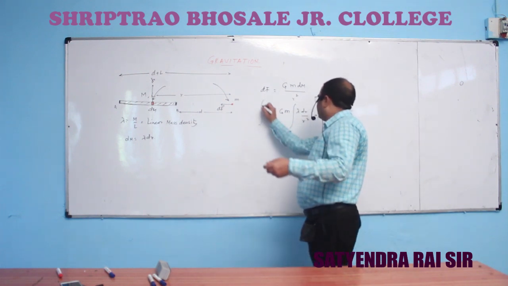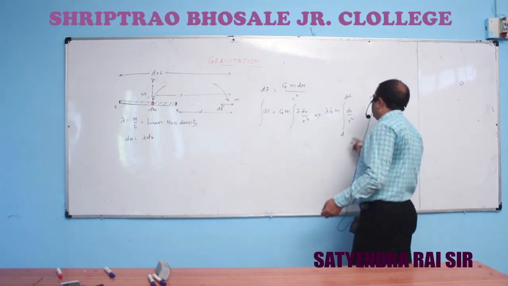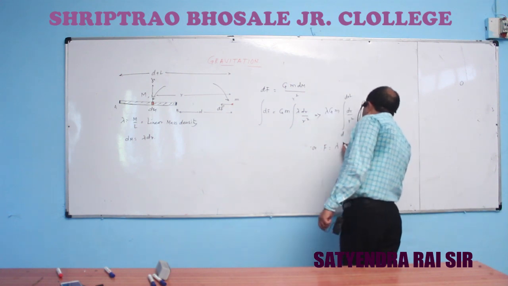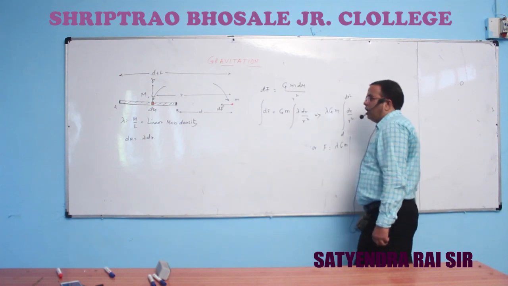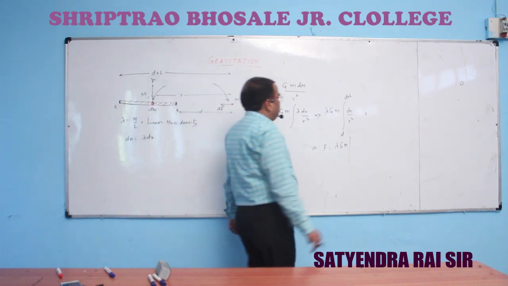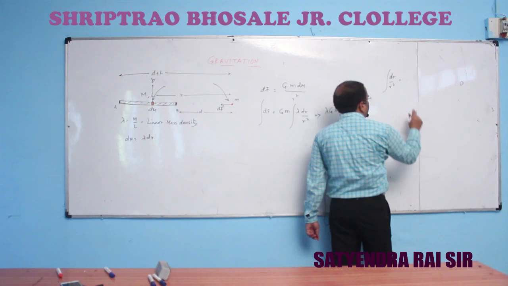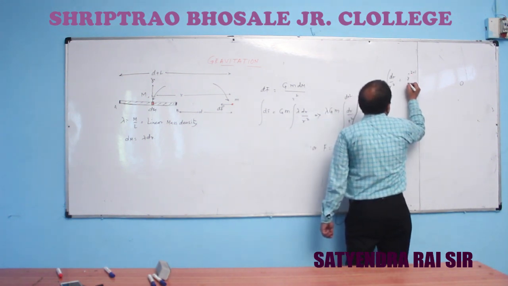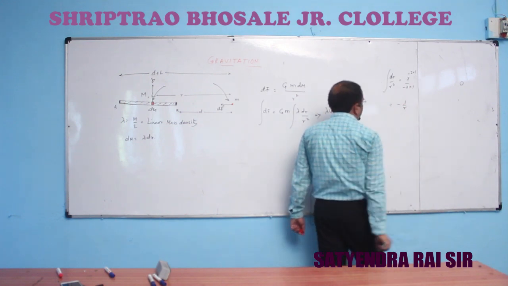So F is equal to lambda G small m into the integration of dr by r square, which is r to the power minus 2 plus 1 upon minus 2 plus 1, that is, minus 1 upon r.